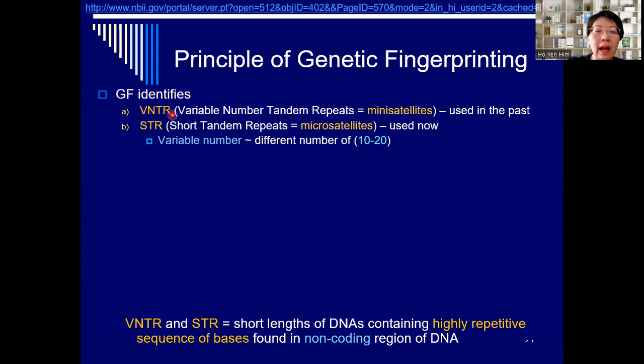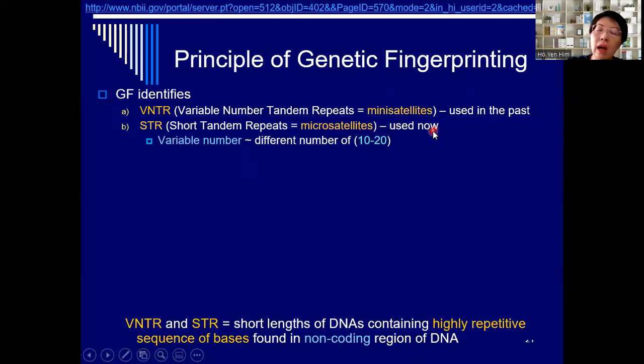VNTR stands for variable number tandem repeats, also called minisatellites. This was used in the past. Nowadays, they identify STR for genetic fingerprinting. STR stands for short tandem repeats, also called microsatellites. This is widely used now.